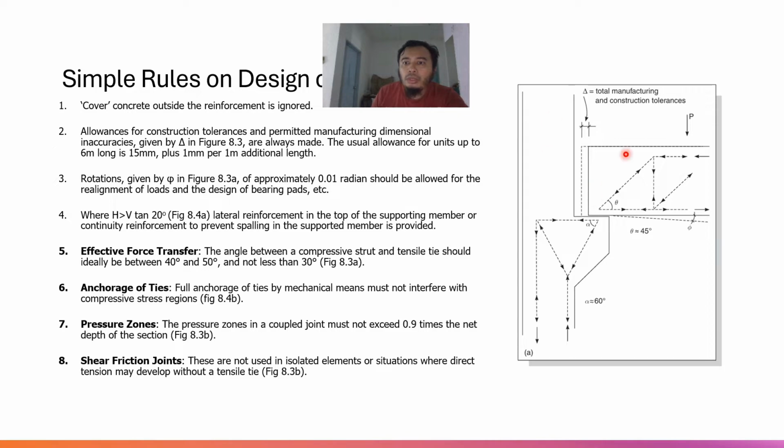What happens is that it affects your bearing length here. If you increase your allowance, you will reduce your bearing length. In the end it's bearing area, and when you reduce the area, you increase the force, increase the pressure.